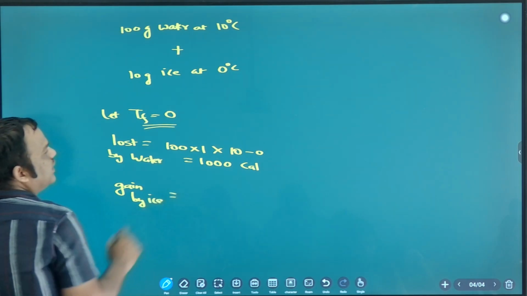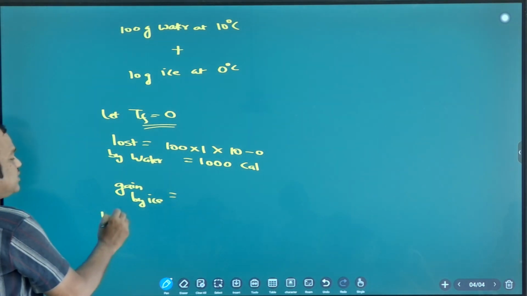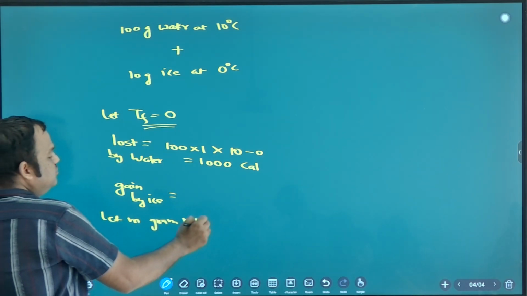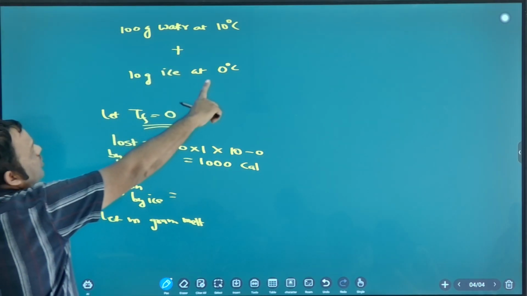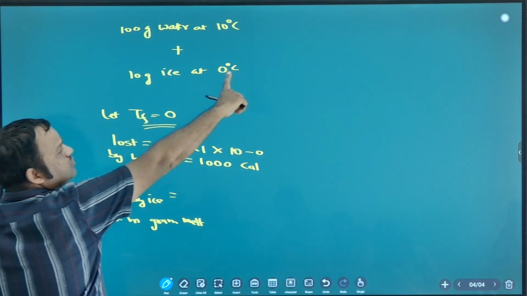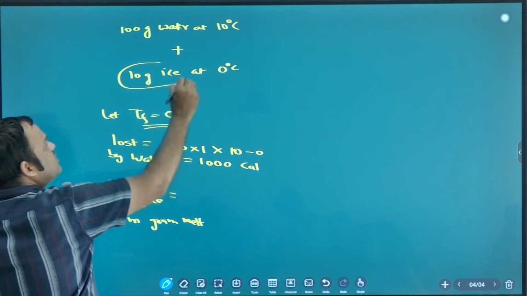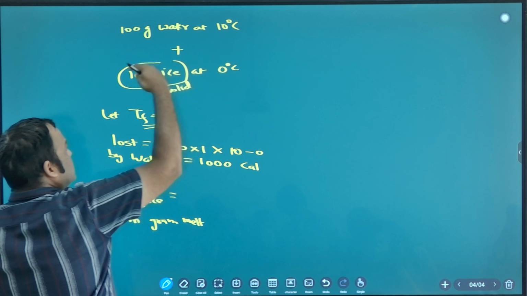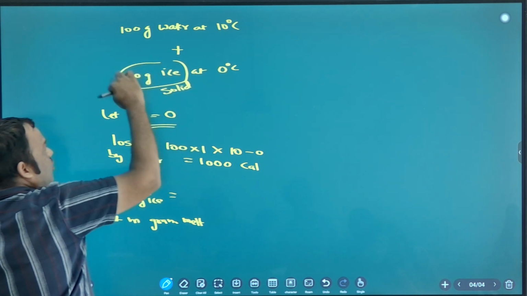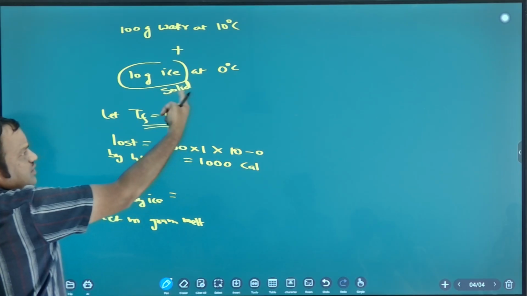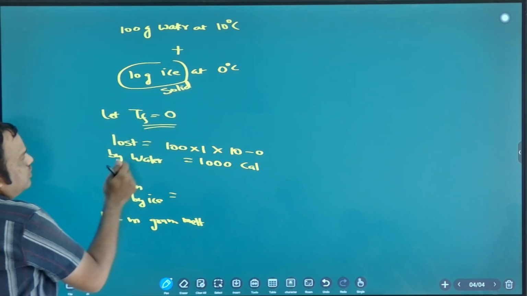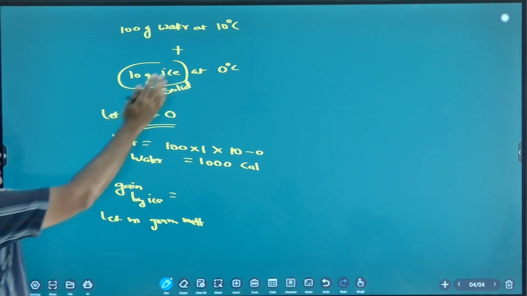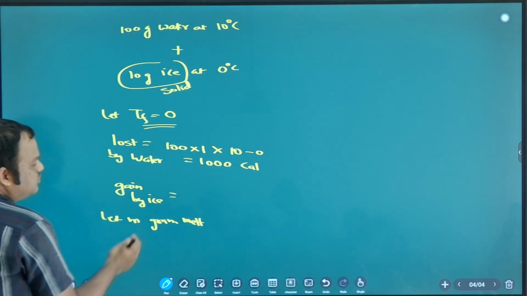And gain by ice. What is heat gained by ice? Let m gram melt. Because the initial temperature of ice is 0, all 10 gram ice is solid at 0 degree Celsius. But still it is gaining heat. Solid ice gaining heat means what will happen?